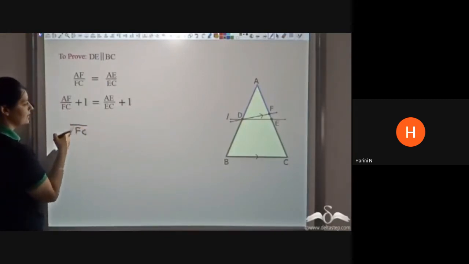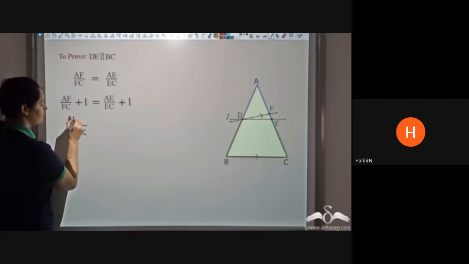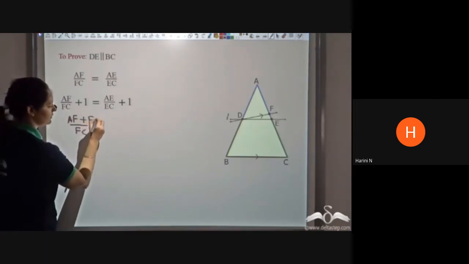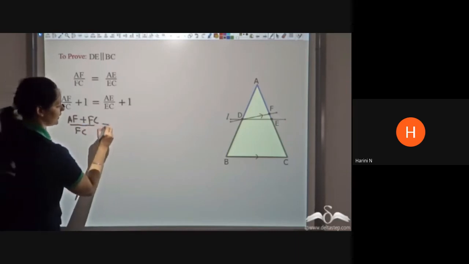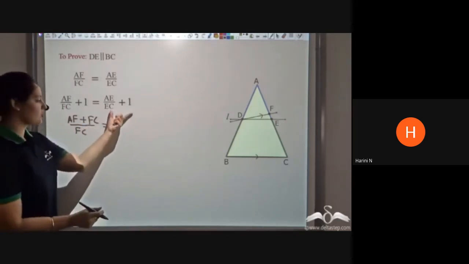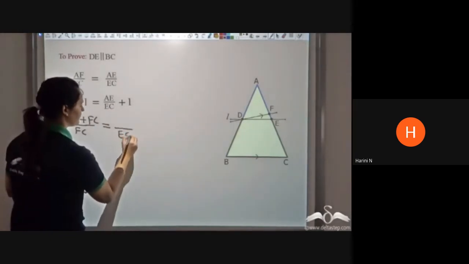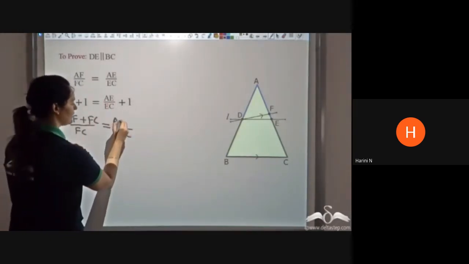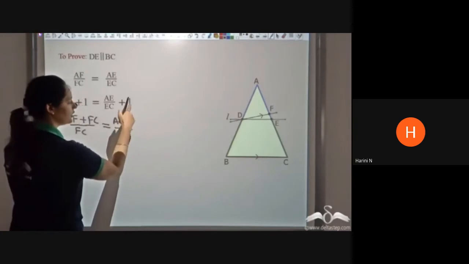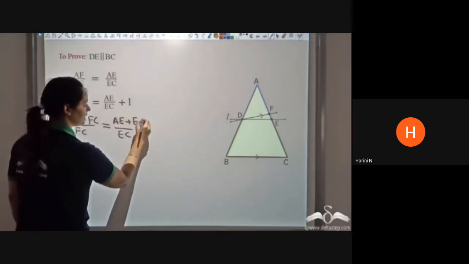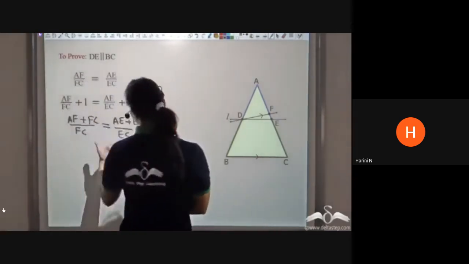If I take LCM as FC, I would get AF plus 1 into FC, which is FC. And this would be equal to this expression here, where LCM is EC, and this would be AE plus 1 into EC, which is EC again. So I get this now.